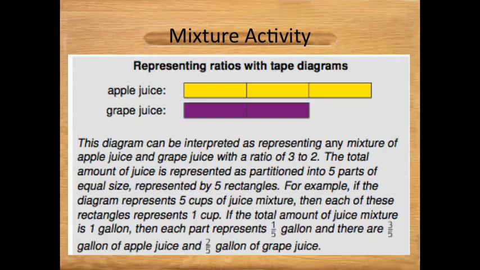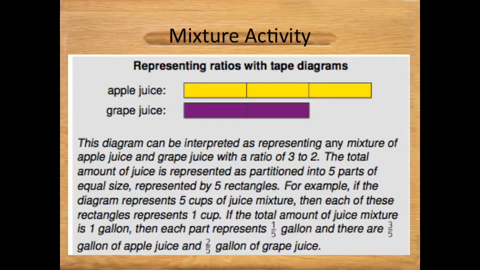If we talked about the total number of cups in the mixture, there are 5 cups. So the apple juice is 3/5 of the mixture. The grape juice is 2/5 of the mixture. But when we talk about the comparison of apple juice to grape juice, we're talking about the ratio 3 cups of apple juice to 2 cups of grape juice.